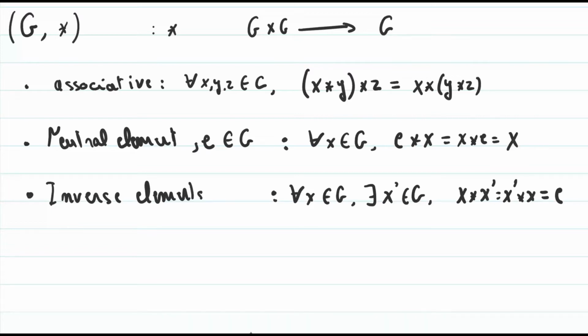The inverse of 5 in this case is negative 5, because 5 plus negative 5 is negative 5 plus 5, and it's just 0, which is the neutral element.